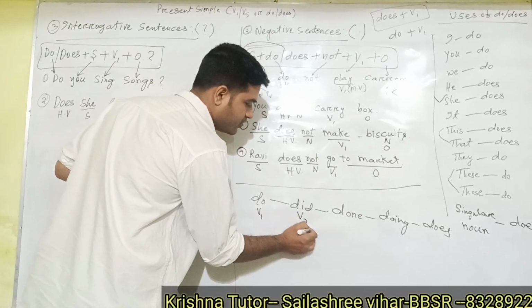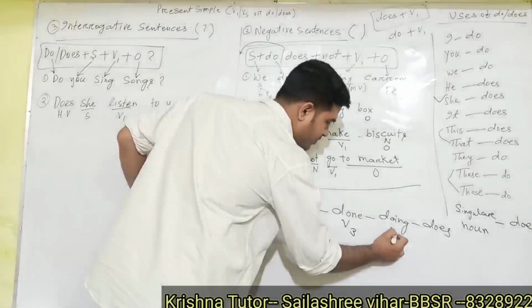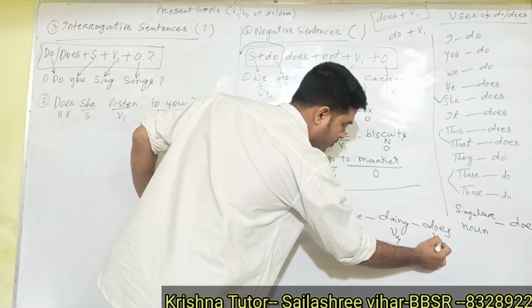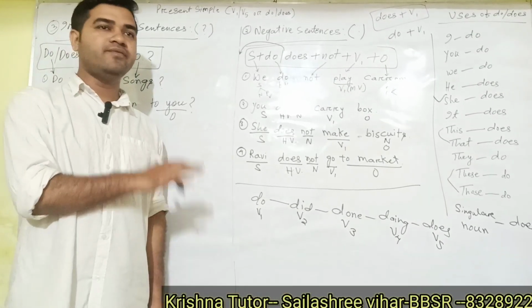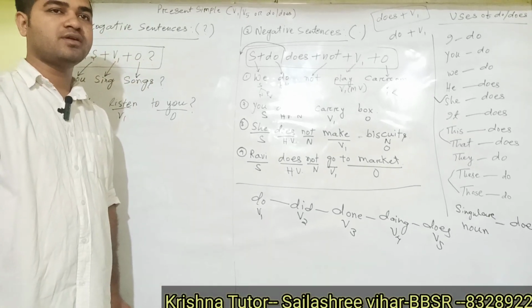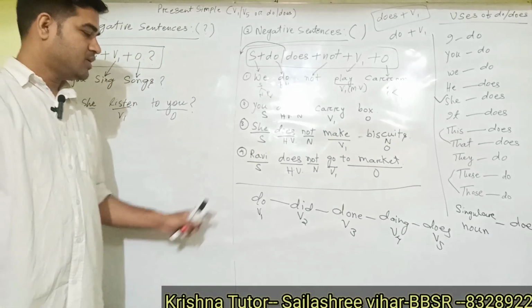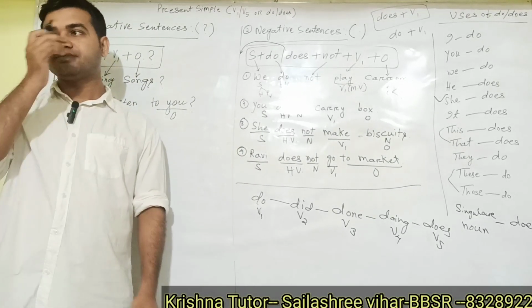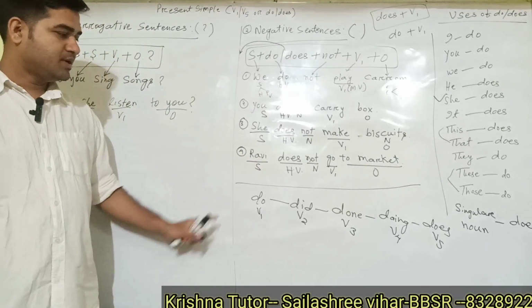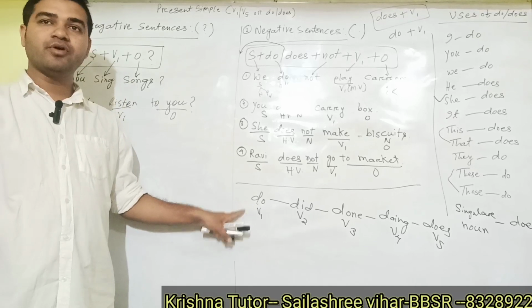V1 form, V2 form, V3 form, V4 form, and V5 form. So write these 5 forms of the verb in the copy. They can act as a main verb.